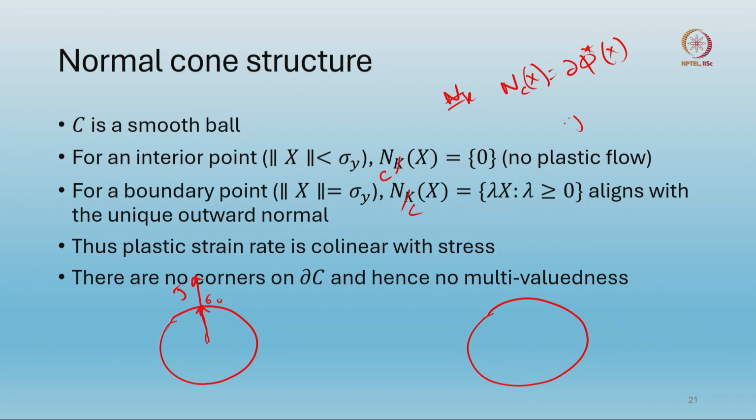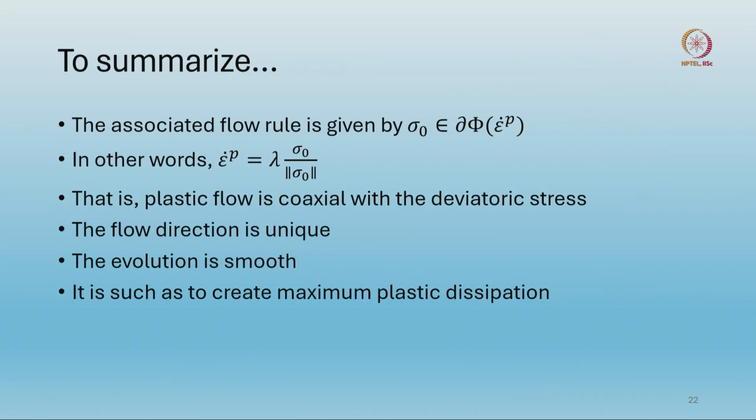So, that is my j, which is equal to epsilon p dot, I am repeating, which is basically in this set of the subdifferential of phi star with respect to x means sigma 0, okay. So, that is it. So, this itself says that they are collinear, they are in the same direction if it is a sphere, okay. So, there are no corners. So, therefore, there is no multi-valuedness of the plastic strain rate. The plastic strain rate is always single valued in this case, okay.